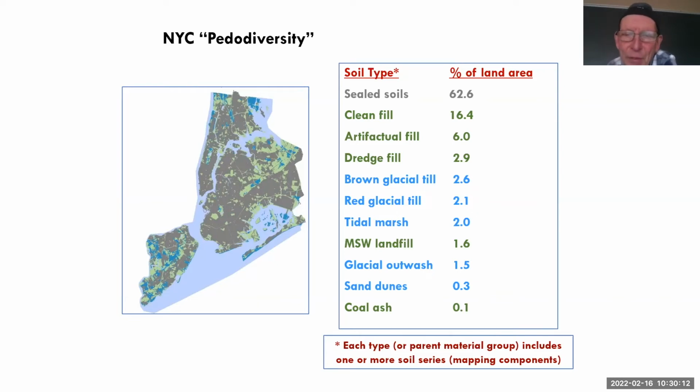And among the native soils, there's some brown glacial till soils, some red glacial till soils, tidal marsh soils, each making up about 2% of the land area. Okay, and each of these parent material types would include at least one or more different soil series.